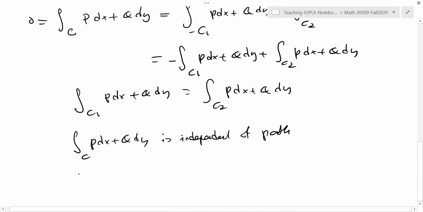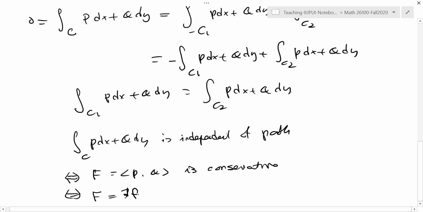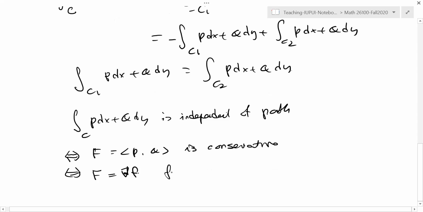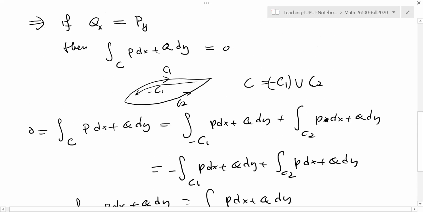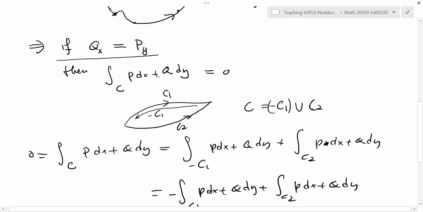That means it's equivalent to the vector field being conservative. That means F is going to be the gradient of f for some f.